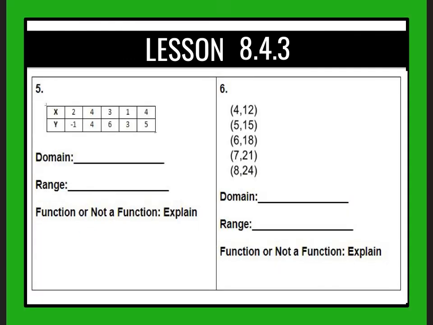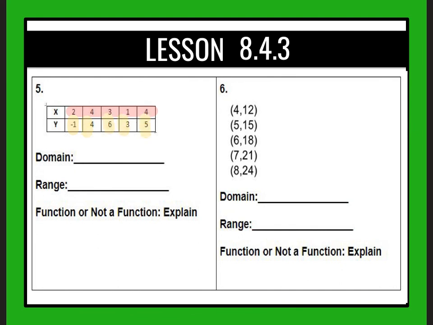Now what I'd like you to do is take the opportunity to work on problem 5 and problem 6. You will do the same thing. You will go through, highlight your x-coordinates, look closely, write your domain, write your range, and identify whether or not the set of ordered pairs in the table represents a function or not a function.